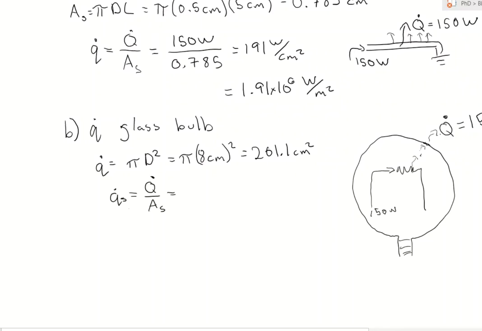We're using the same equation. We know our Q dot is 150 watts. We know our area, 201.1 centimeters squared. And it gives us 0.75 watts per centimeter squared.